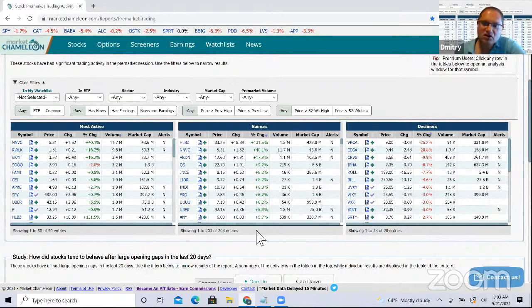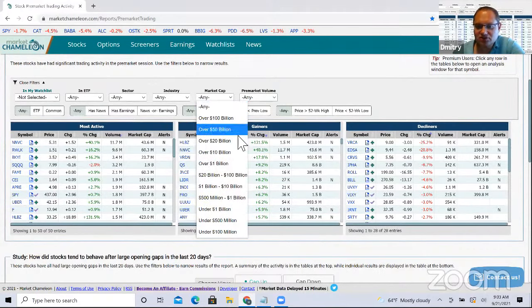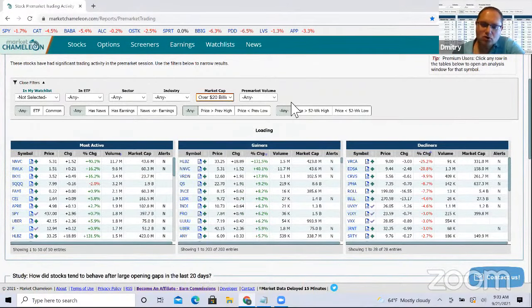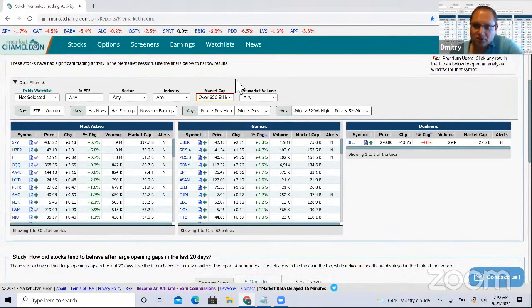So from that perspective, looks like a bullish bias at the open. I'm going to take a look at the higher market cap stocks, to see if we see a similar situation. With market cap 20 billion or higher, using this filter here, 62 made the percentage gainers list, 1 on the percentage decliners list. So even in the higher market cap stocks, much more bias towards the bullish side at the open.